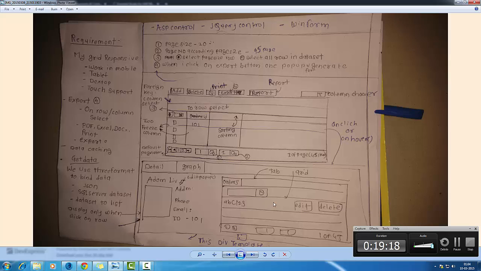I just made a video here because I already tried to implement this, but we did not successfully implement this multi-functionality in a grid view. We got an error and got stuck here. So I need your help to implement this type of functionality in my grid view.